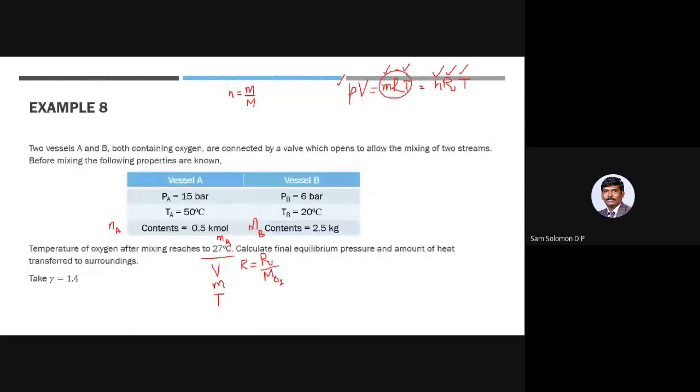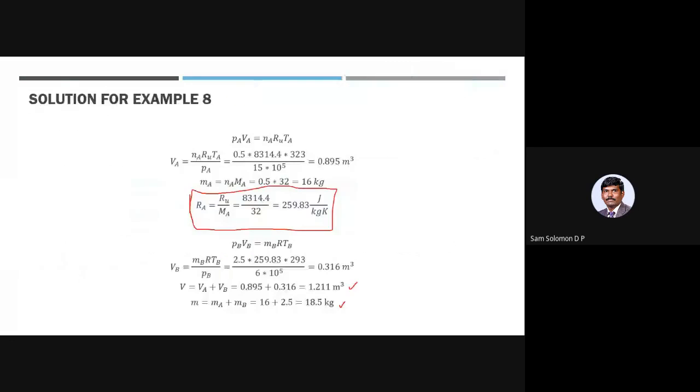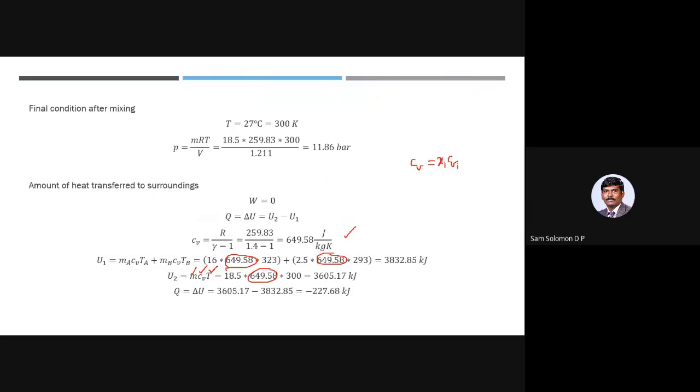In the previous problem, you can see that two vessels are connected by a valve, and nowhere in the problem is it mentioned that the mixing is adiabatic. So what we did was we added up U1 for vessel A and vessel B, and equated it with the final internal energy.